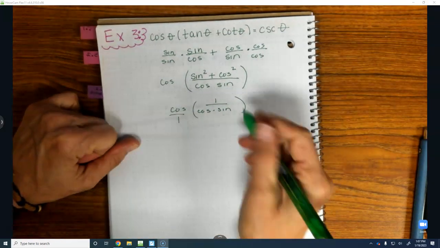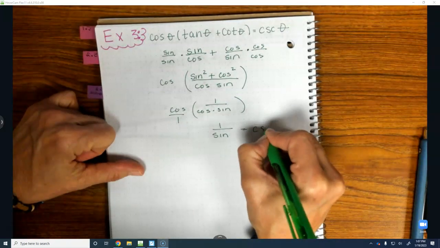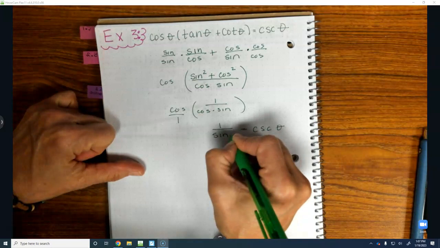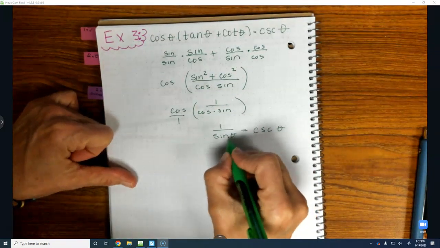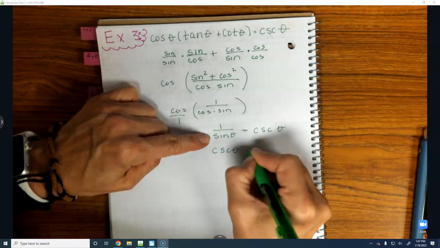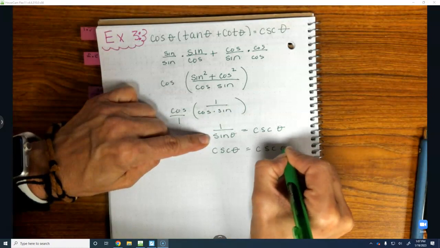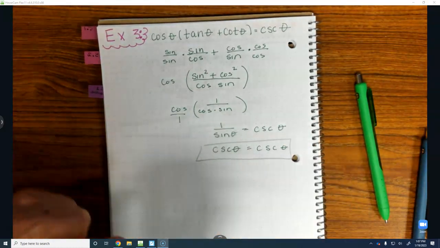So they're going to cancel. So we're going to have 1 over sine equals cosecant, which it sure does because this is the reciprocal of that. So when we bring sine out of the denominator, it's going to be cosecant. And there we go. We have it matching the right side of the equation. So they are identical.